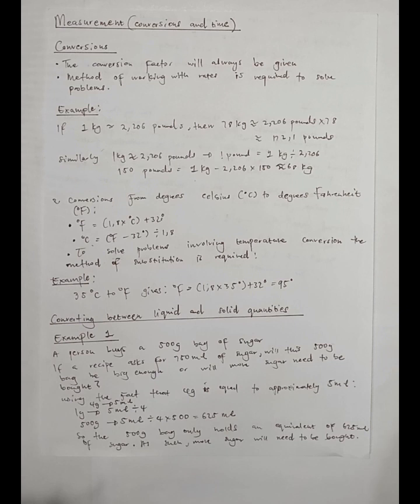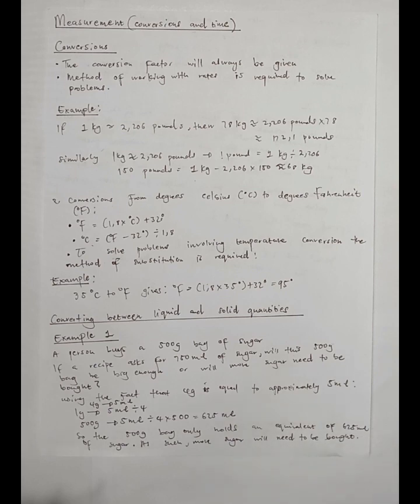Then 78 kg would be equivalent to 2.206 pounds times 78. I think that makes sense, because for every 1 kg, that's 2.206 pounds. So think of it, it's 2.206 pounds 78 times. Make sure you understand what that means.